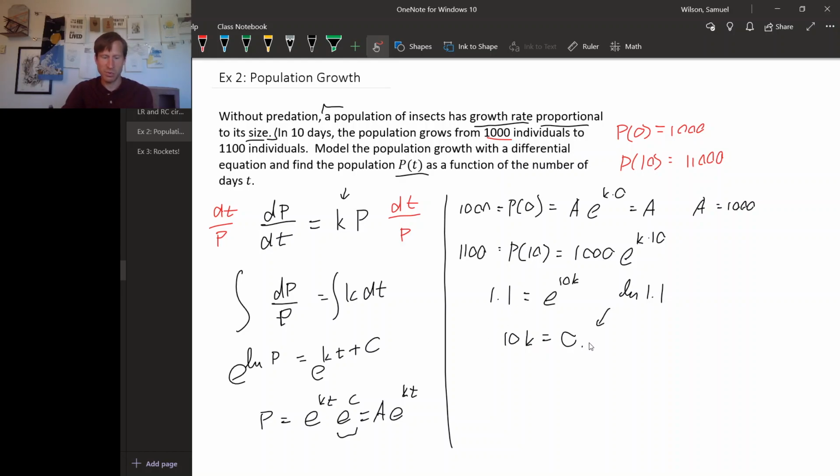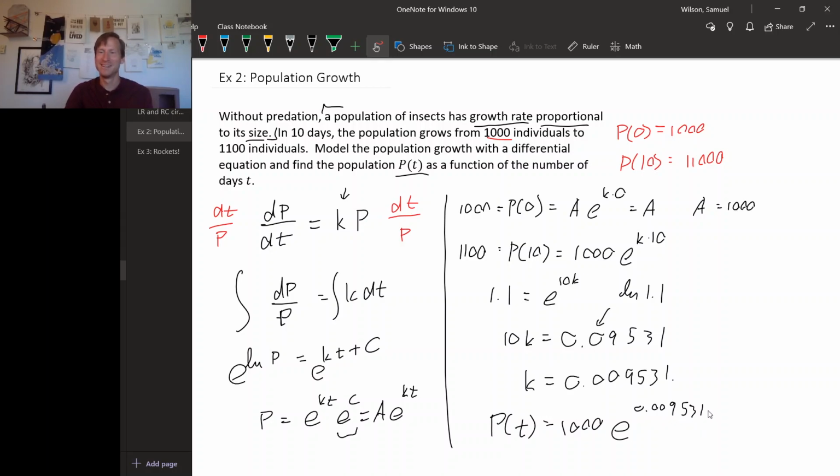So that's 0.09531. And so k is 1/10 of that, which is 0.009531. And now we know our population function. It's 1,000 times e to the 0.009531 times t. Okay, nice, not too bad.